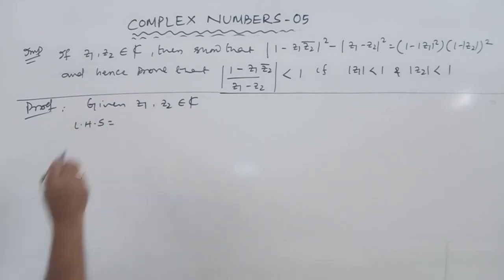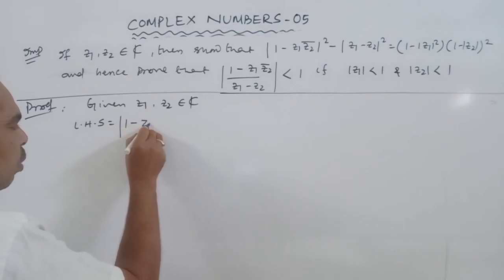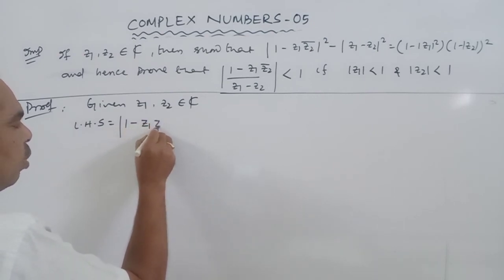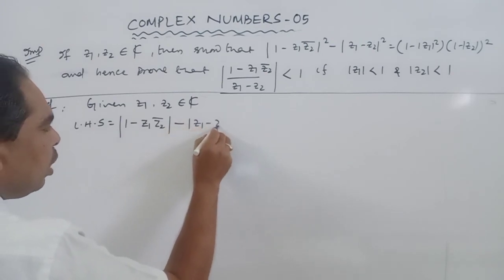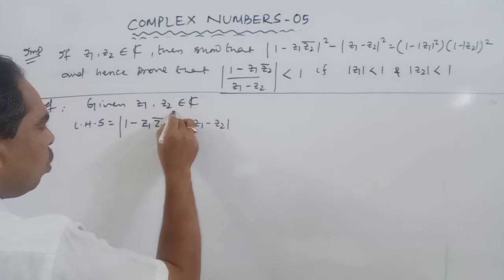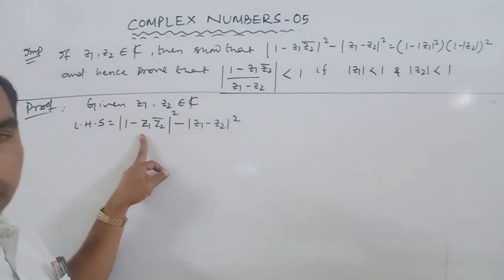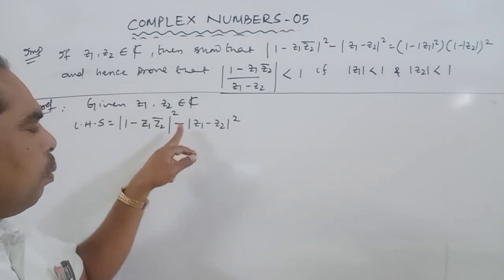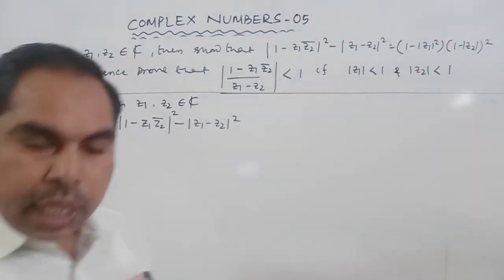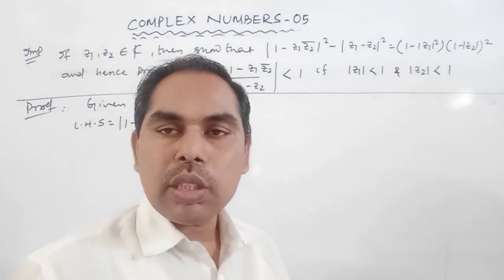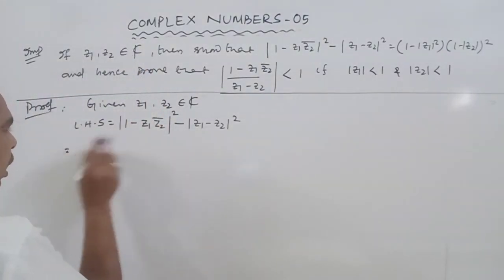Mod of (1 minus z1 into z2 bar) whole square minus mod of (z1 minus z2) whole square. We know that mod z square is equal to z into z conjugate. So here, put, suppose this is z.